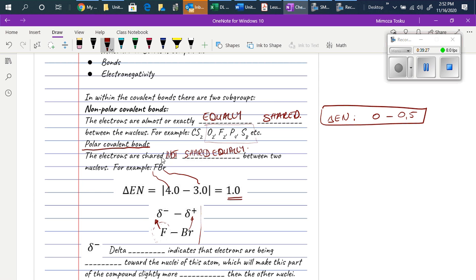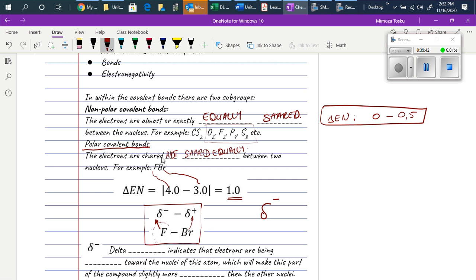This slight difference between the two atoms in the polar covalent bond is identified with the Greek letter delta.